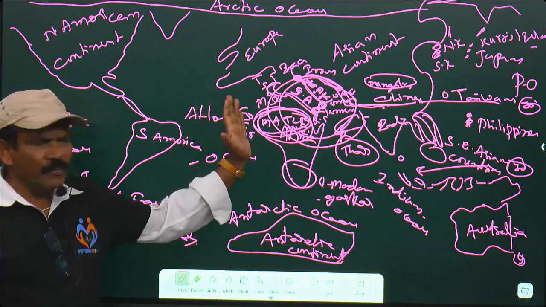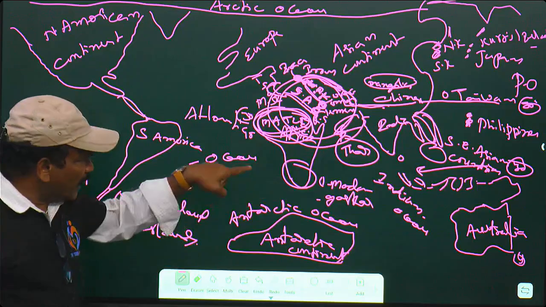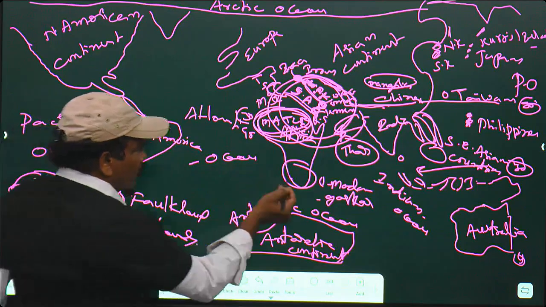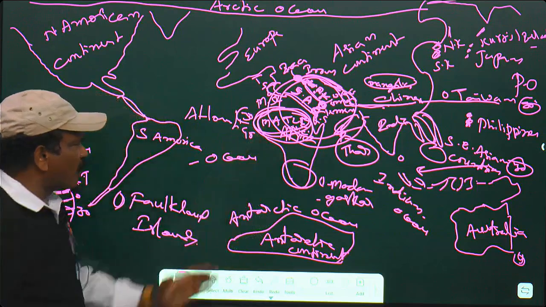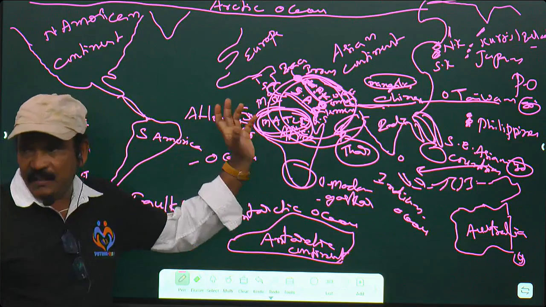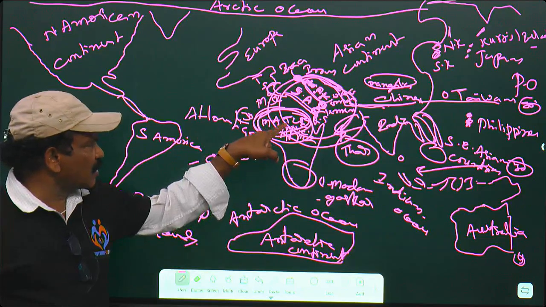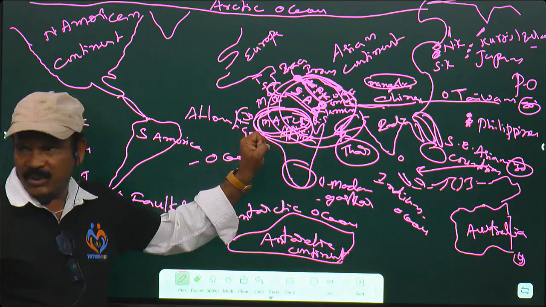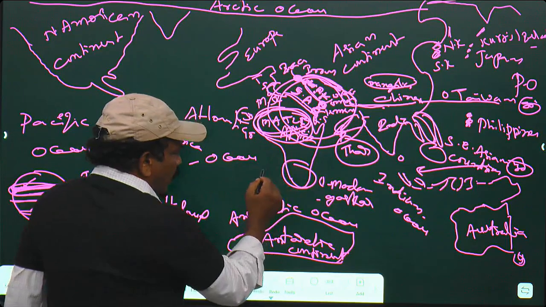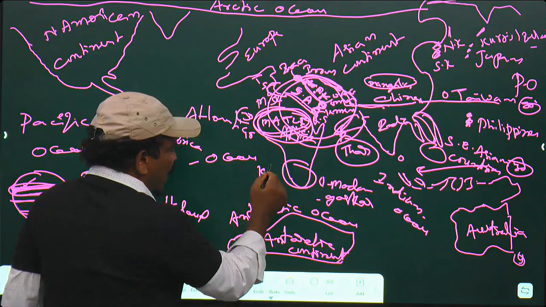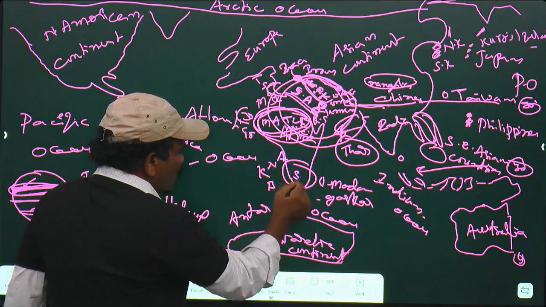Maximum distribution is on the western side. Clear? Whereas in the southern hemisphere of the African continent, we can observe the Kalahari Desert. It is located in Namibia, Botswana, Angola, South Africa.